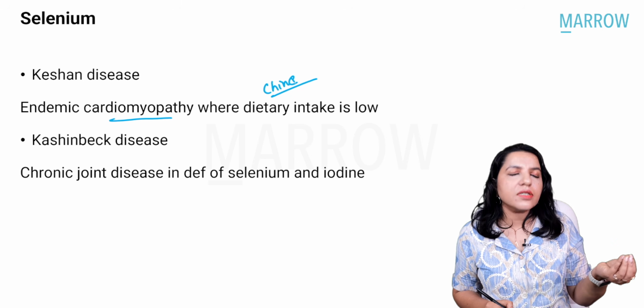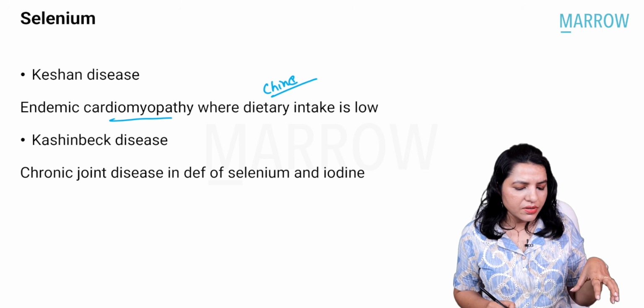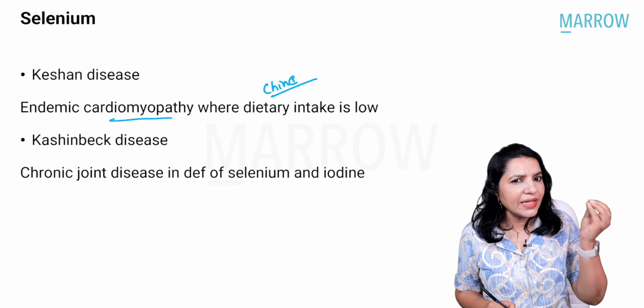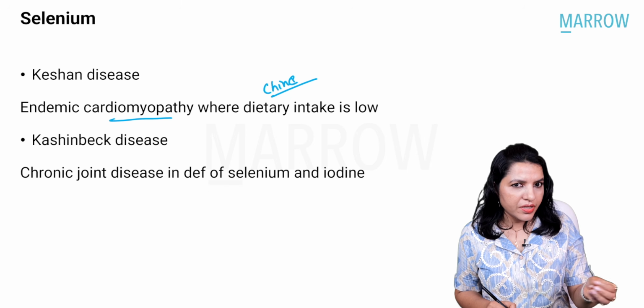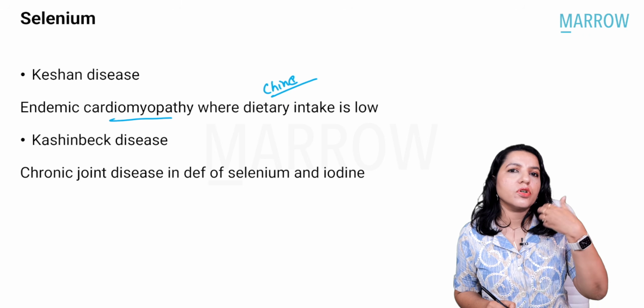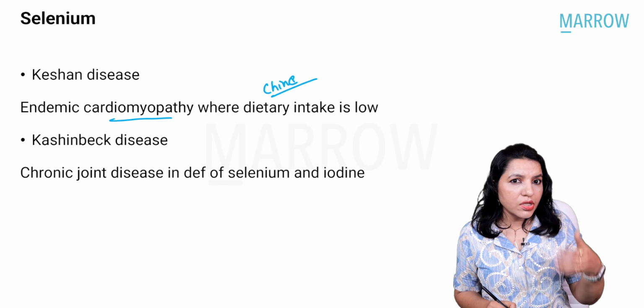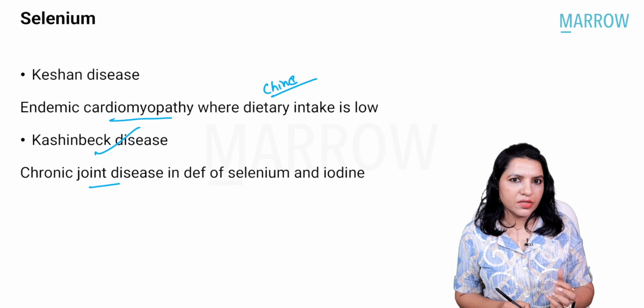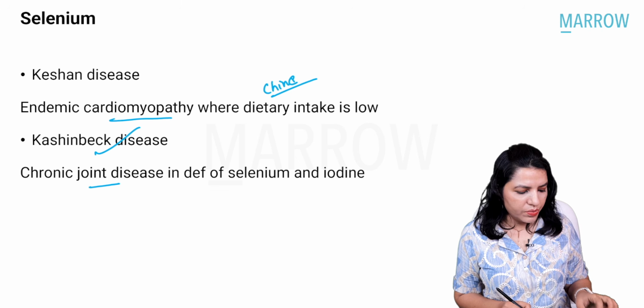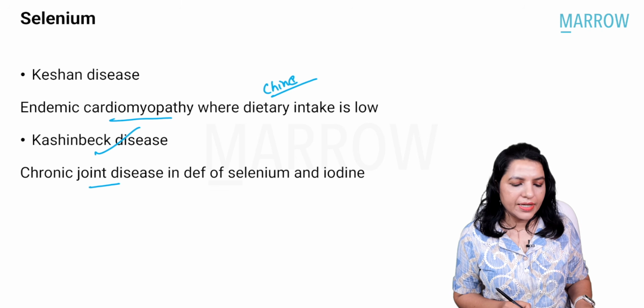So next is Kashin-Beck disease. Kashin-Beck disease is also a selenium and iodine deficiency together, and here what is affected is not the heart, it is the joint. So it's a chronic joint disease, and that is called Kashin-Beck disease. So Keshan disease and Kashin-Beck disease are associated with selenium.